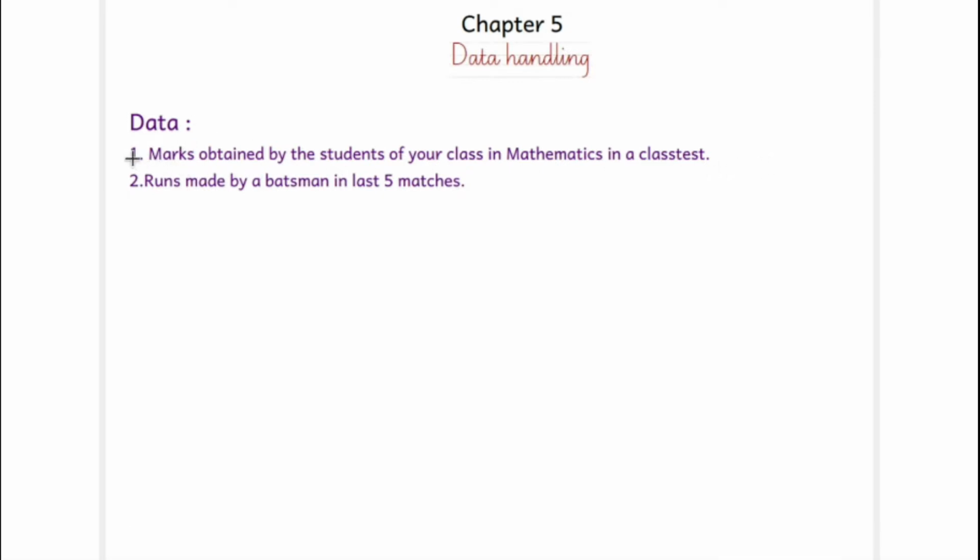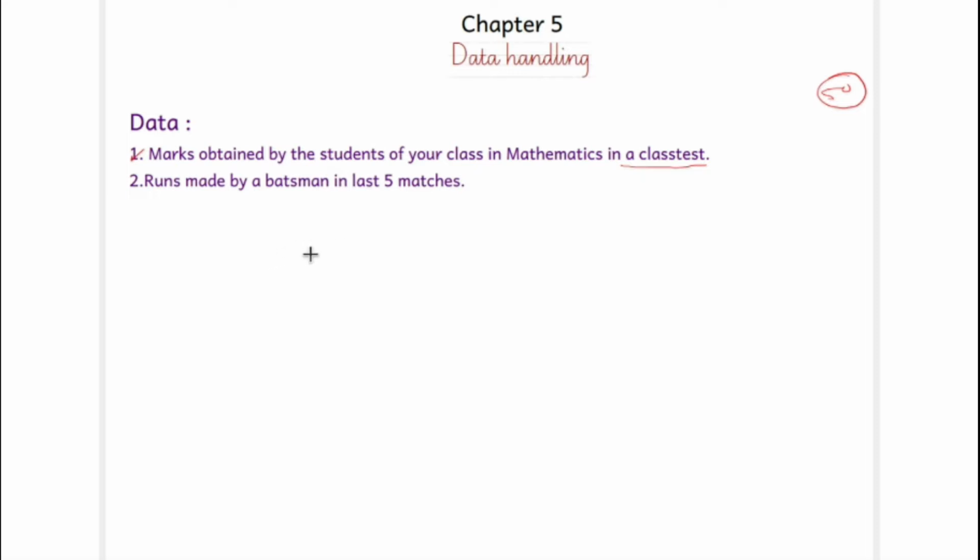Number 1, marks obtained by the students of your class in mathematics in a class test. Suppose your math teacher has taken a class test out of 50, and there are 20 or 30 students in your class. Everybody will not get the same marks. Maybe a few friends will, but not everyone.